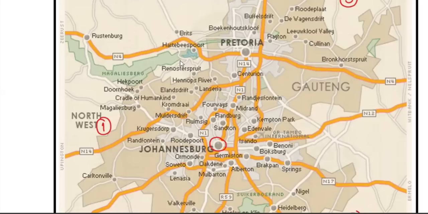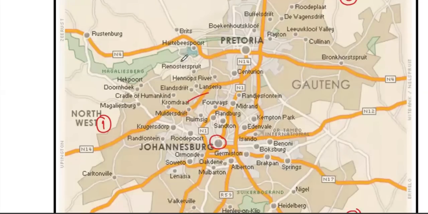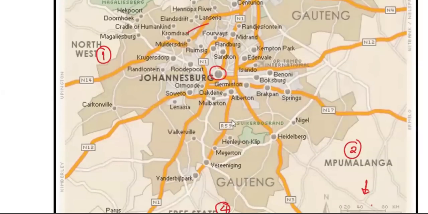They're coming this side here. That means from Johannesburg, use... this is Johannesburg. You can come like this.